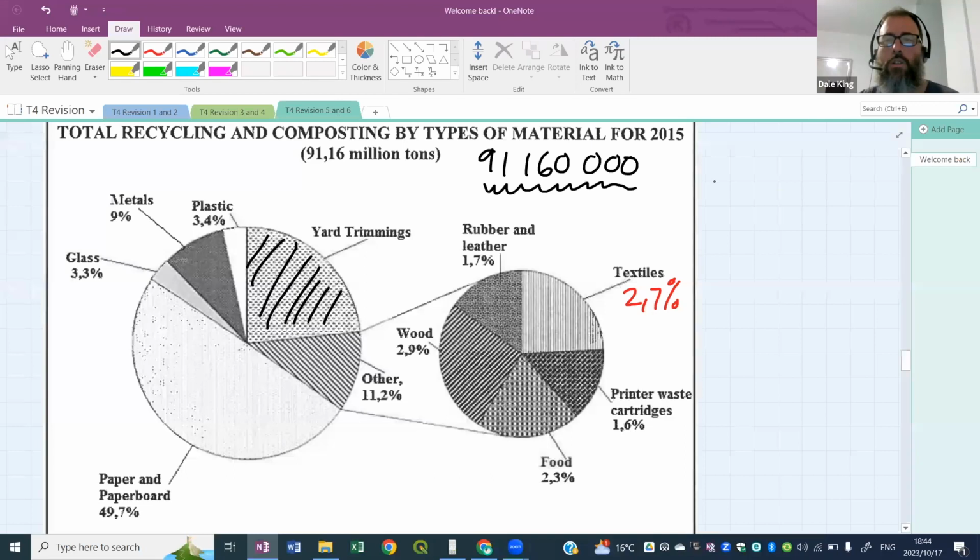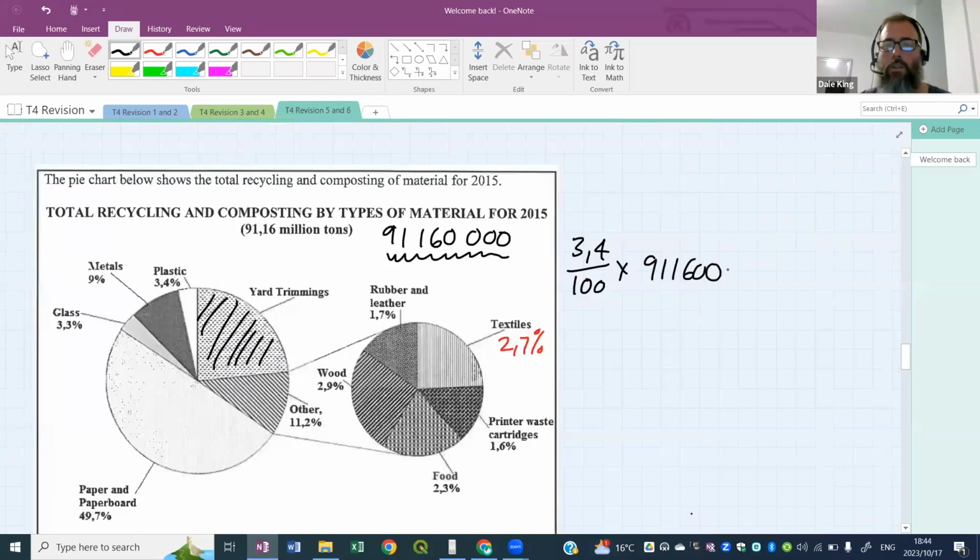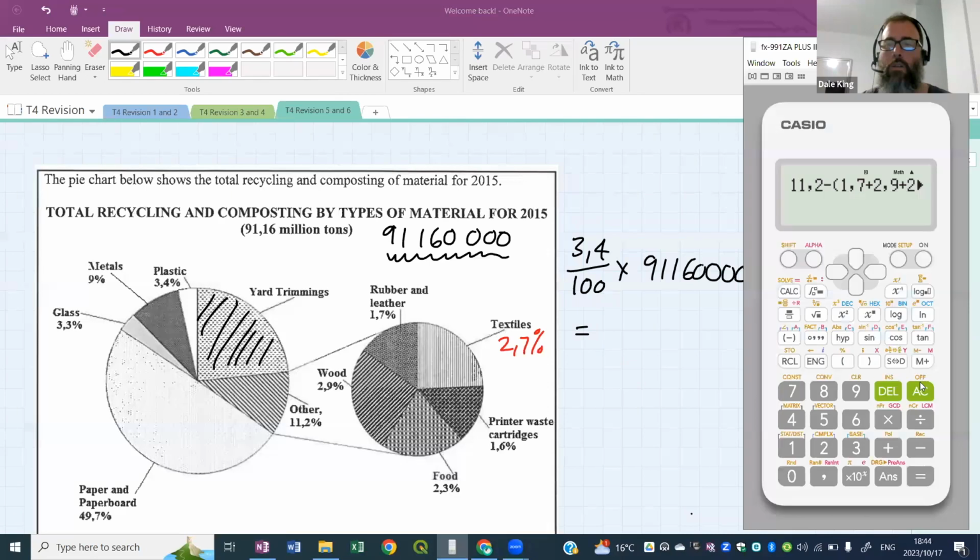Okay, so I'm going to do the calculation on the side. So 3.4% can be written as a percent like this. So we need 3.4% of 91,160,000. I need to zoom out a bit. Yes, that's right. So let's do it on the calculator now.